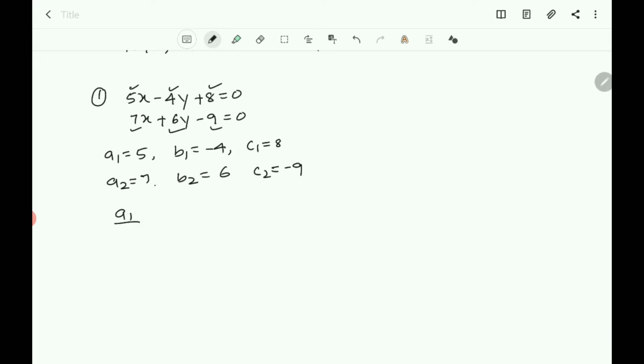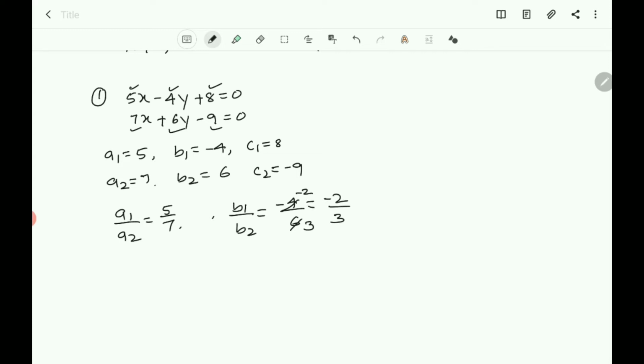Here a1 by a2 is equal to 5 by 7 and b1 by b2 is equal to minus 4 by 6. That is equal to, 2 2s are 4, 2 3s are 6, minus 2 by 3 you can get here.